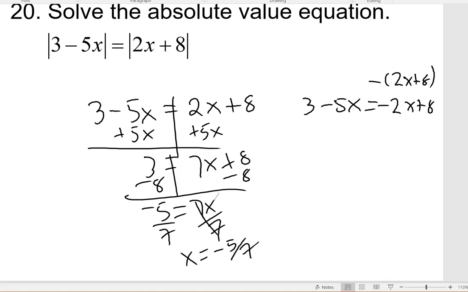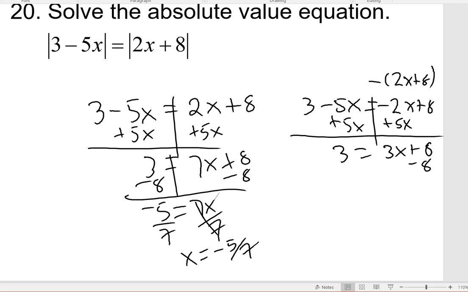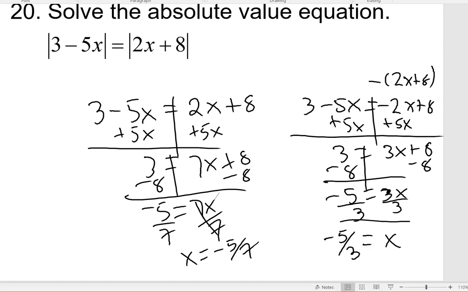On this one, I'm going to add the 5x so that I get 3 is equal to 3x plus 8, so that 3x is equal to -5, and x would equal -5/3. And I'd be fine with the answer just in this form.